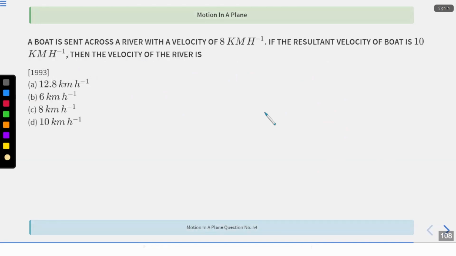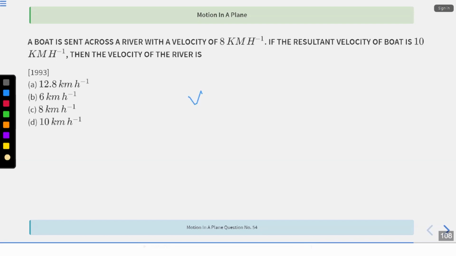Okay. So moving on to the next question again. A boat is sent across a river with a velocity of 8 km per hour. If the resultant velocity of boat is 10 km per hour, then the velocity of the river is what? So here again, this is a boat river or a swimmer river problem.